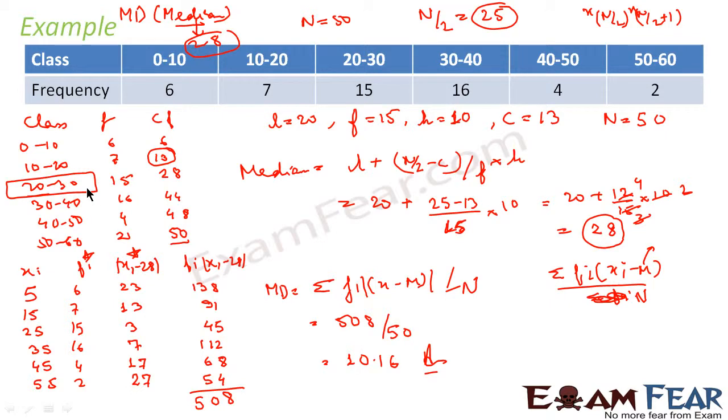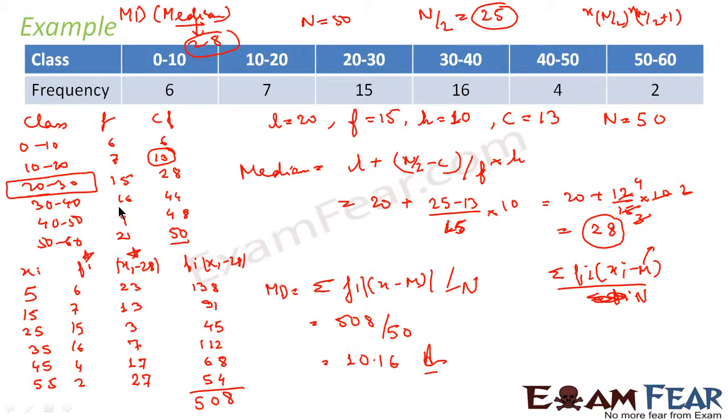Then we got the values of L, F, H, C: L is the lower limit of the class, F is the frequency of the class, H is the width of the class, and C is the cumulative frequency of the class just preceding the median class, that is 30. Applying the formula, median is L plus (n by 2 minus C) by F into H, we got the median as 28.